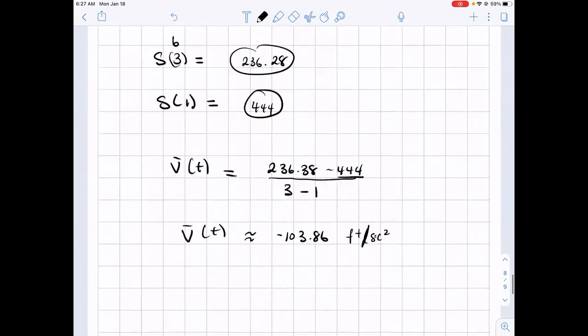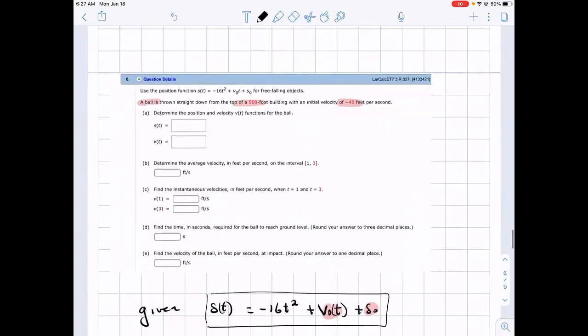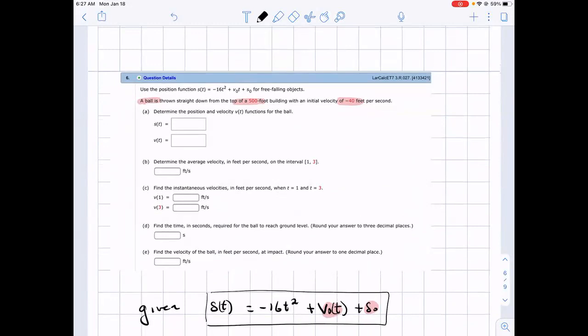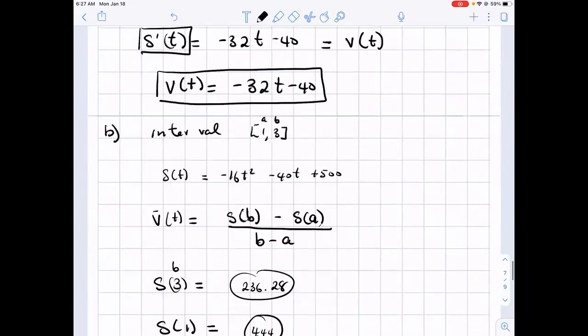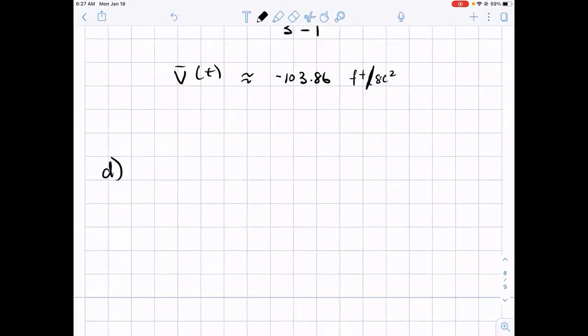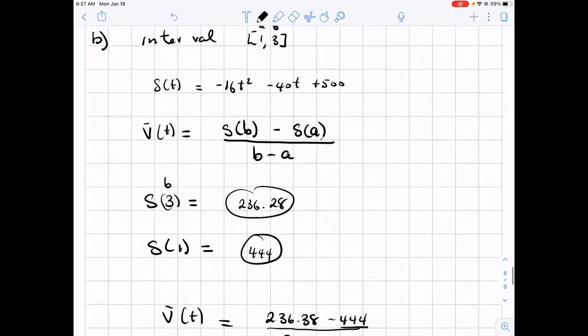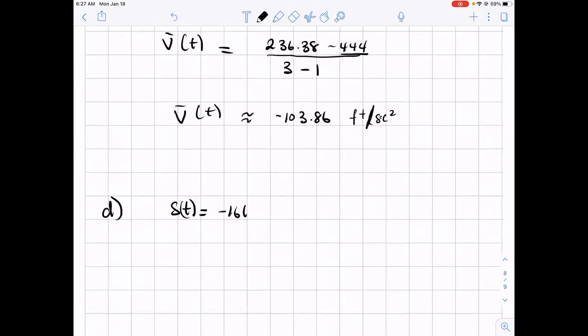So for part D, S of t is given to you, and we know that it is minus 16t squared minus 40t plus 500.